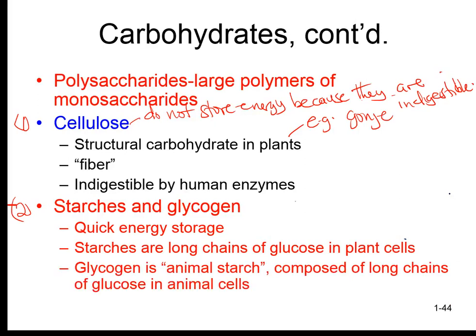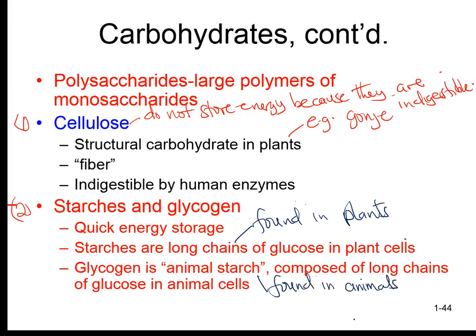While glycogen is found in animals. It's called animal starch. It is also composed of long chains. It is made of long chains of glucose. So starch is found in plants, while glycogen is found in animals.